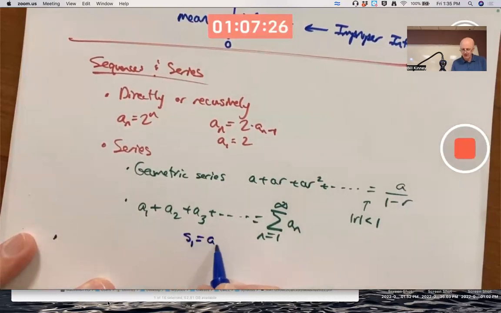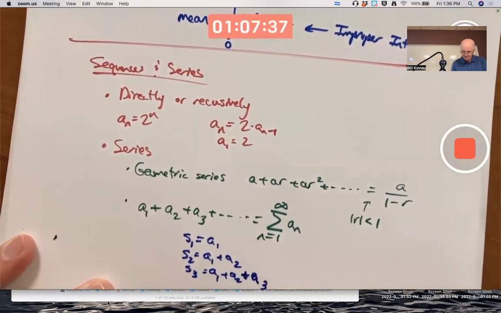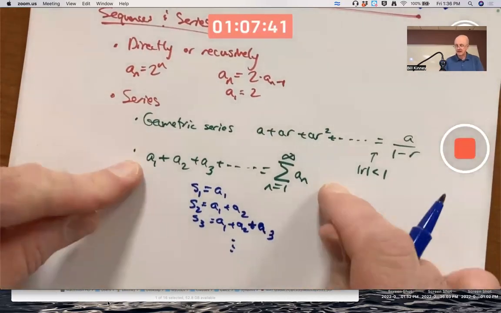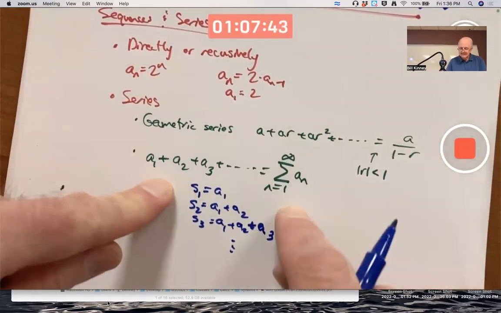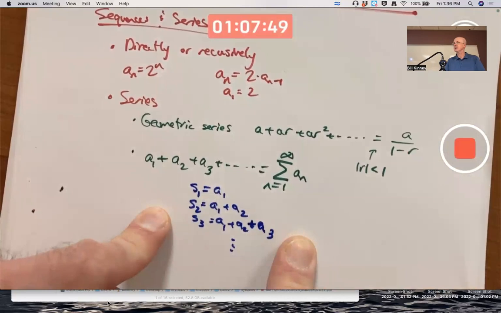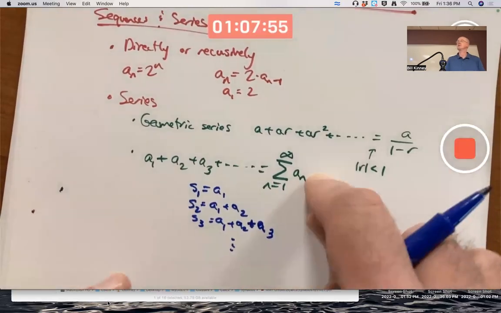S1 equals a1, S2 equals a1 plus a2, S3 equals a1 plus a2 plus a3, etc. The definition of what we mean for the series to converge is that the sequence of partial sums converges. And if the sequence of partial sums does converge to some number, like 10, for example, then we say the series converges to 10.